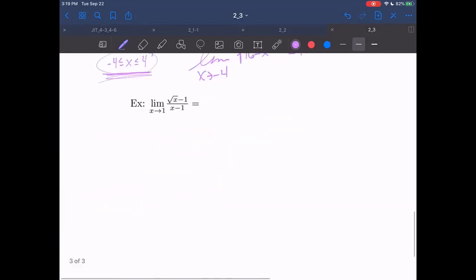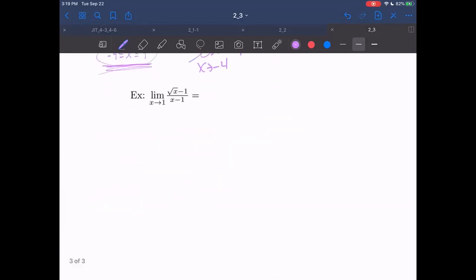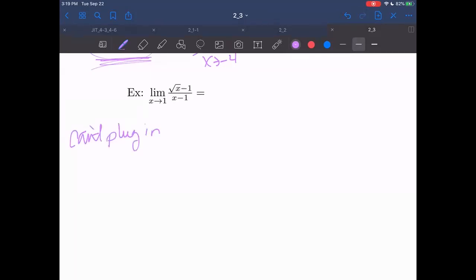And then we'll do this example. So this example, I can't plug it in because that would again give me 0 over 0, and I can't factor anything.